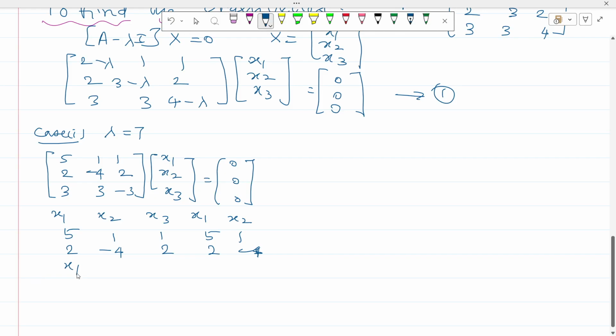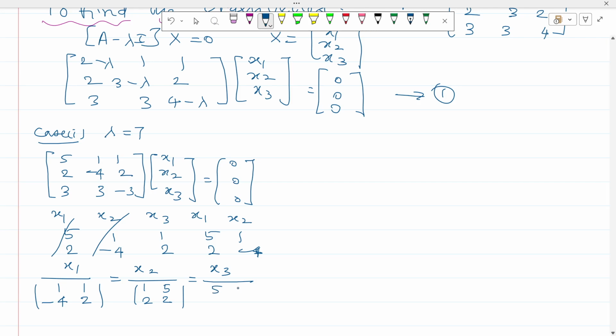So x1 divided by the determinant of 1 1; minus 4 2, x2 by the determinant of 1 minus 5; 2 2, x3 by the determinant of minus 5 1; 2 minus 4.